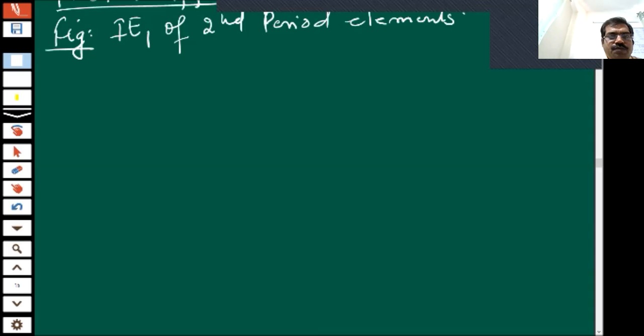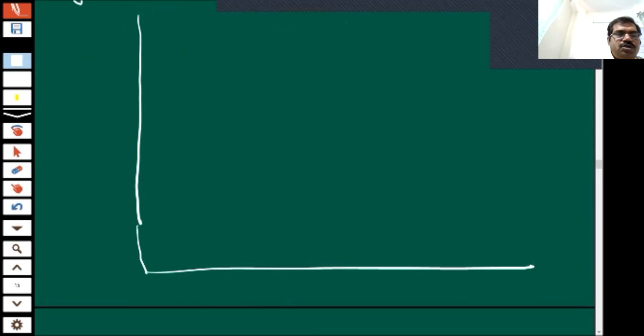Okay, so this is the graph. This is known as ionization energy, IE1, in kilojoule per mole. Arrow upside means it keeps on increasing.